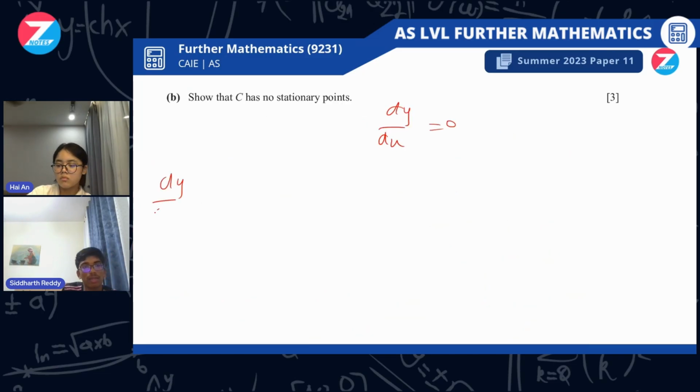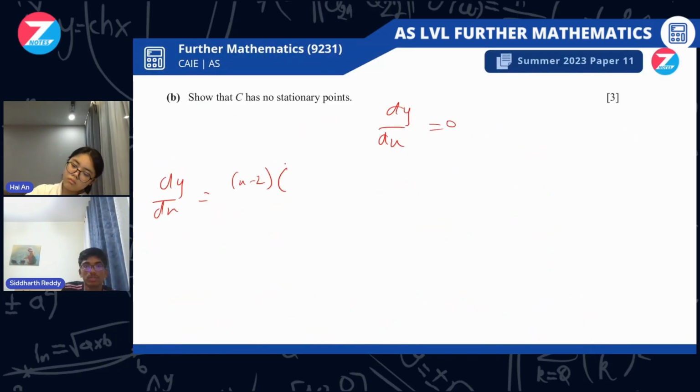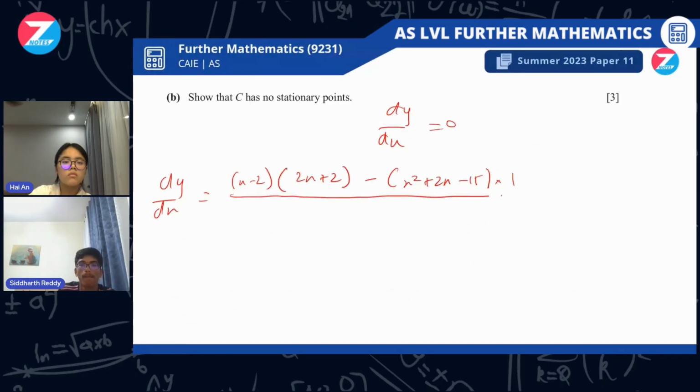So dy by dx is equal to x minus 2 into derivative of the numerator, which is 2x plus 2, minus numerator, x squared plus 2x minus 15, into derivative of denominator, which is 1, divided by x minus 2 squared, but that doesn't matter. Let's check if this equation has any solutions.